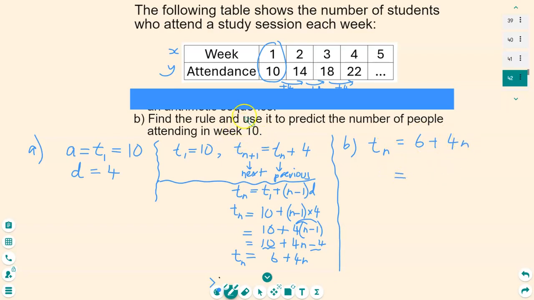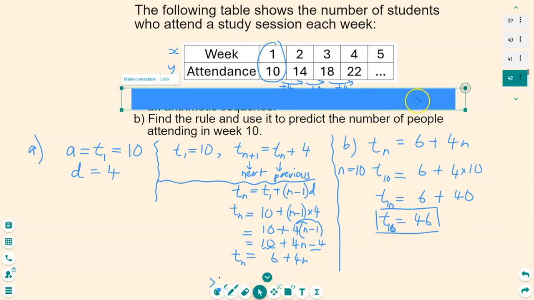We need to find week 10, which means n equals 10. Substitute in n: 6 plus 40 is 46. So that is term 10, and you can put a box around it so your teacher can find your answer. Let's move to the next one.